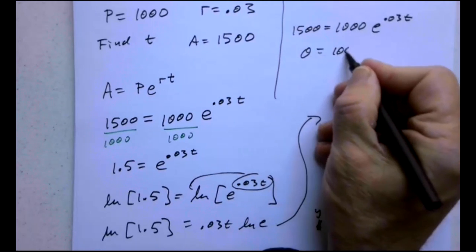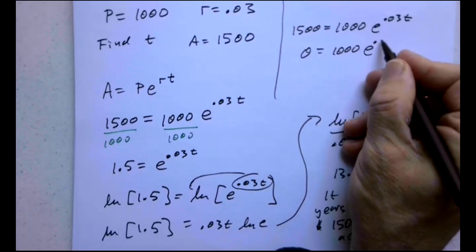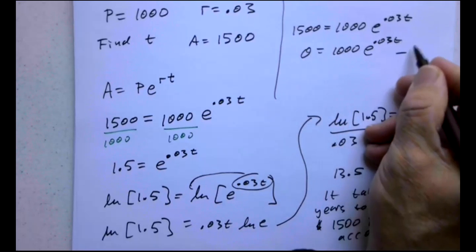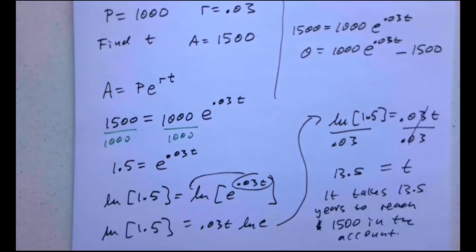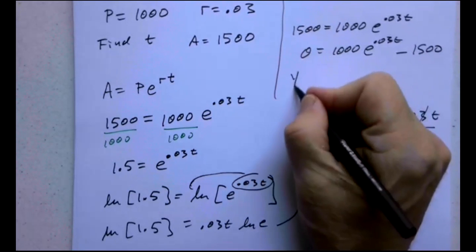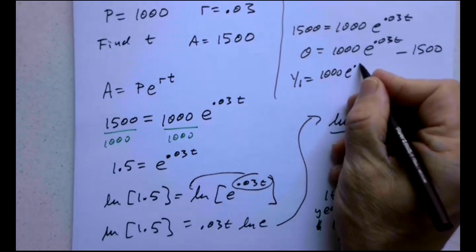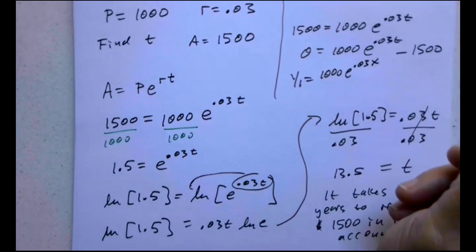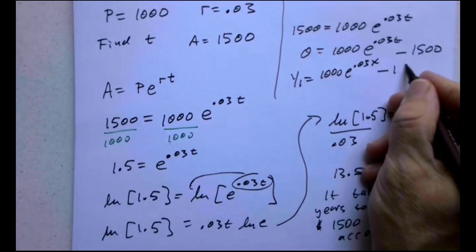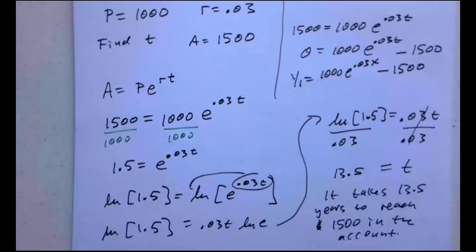So 0 is 1,000 e to the 0.03t minus 1,500. And I'm going to go ahead and solve it on the graphing calculator using the zero finder. My function y1 will be 1,000 e to the 0.03. I've got to use x, though, instead of t because of the calculator syntax. And I'm going to find out where is the zero of that function.